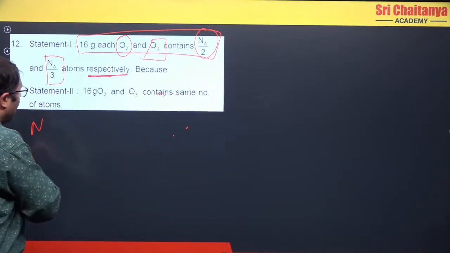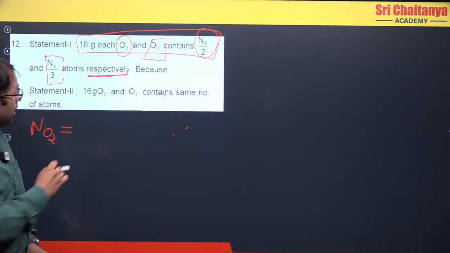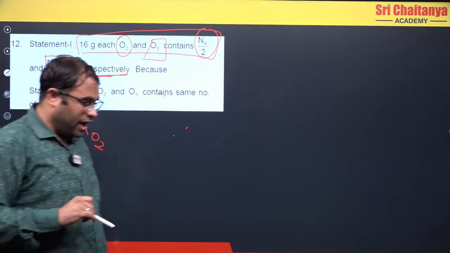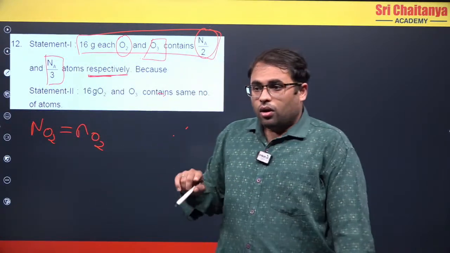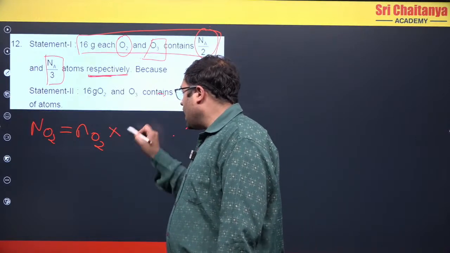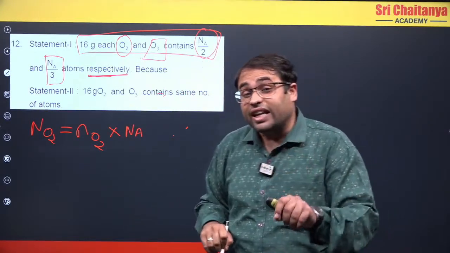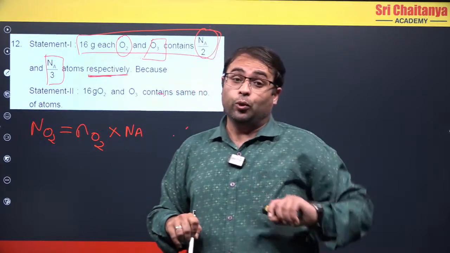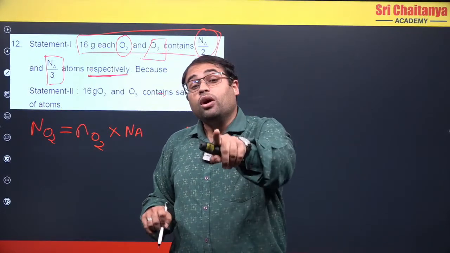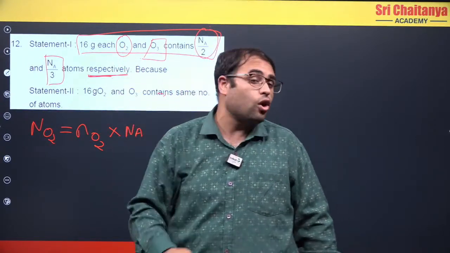We know that the number of atoms, suppose let me talk about O2, is equal to the number of moles of O2. Now, if I multiply the number of moles of O2 by Avogadro's number, what will I get? I will get the number of molecules of O2, right? Now, each molecule of O2 has how many atoms of O?